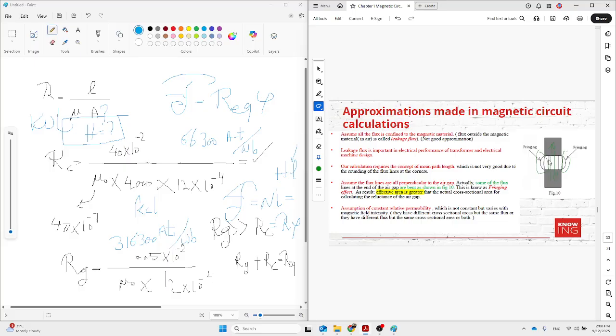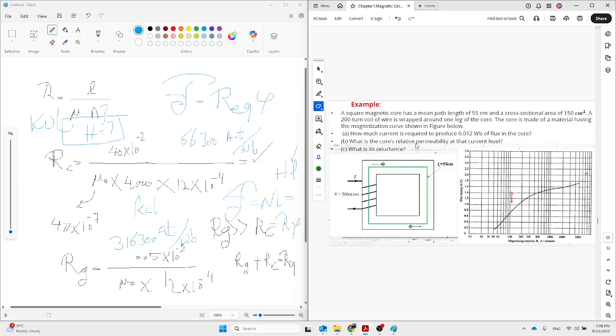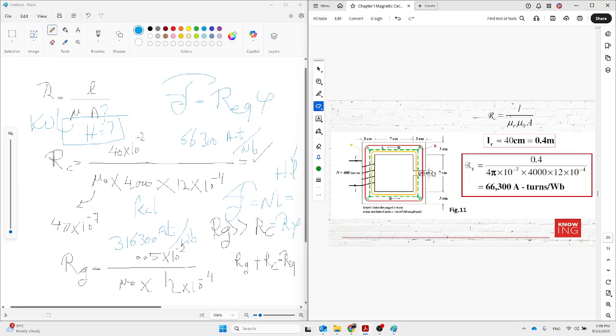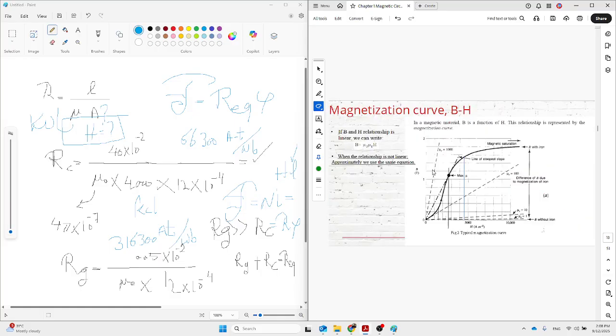There is no fringing and leakage effect. Later we will discuss, if there is any leakage, what the effect is in the electrical machine. Here again we are discussing the magnetizing curve. I think I covered this fully in the previous slides.